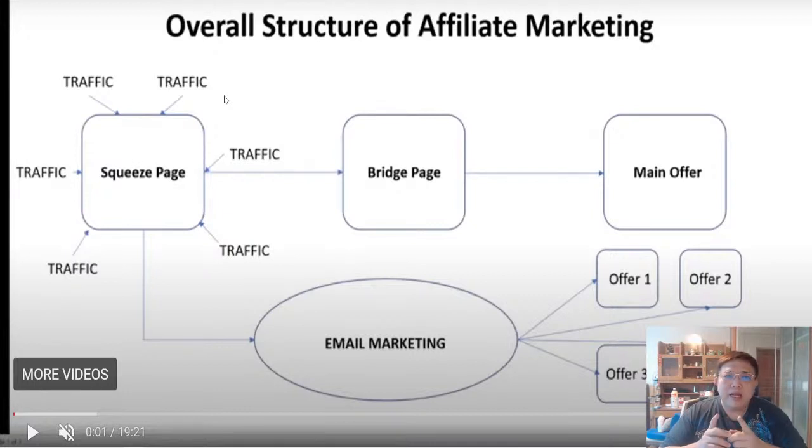Now, why? From a business standpoint, let's just think about it. If you were a solo ad vendor yourself, you know that you want to be in this business long run. So of course, number one, you will not channel bot clicks to your clients' squeeze pages. Number two, you need to constantly refresh your clicks. Okay, now it doesn't mean that you need to throw away the old email addresses. There are different business strategies that these solo ad vendors will use.